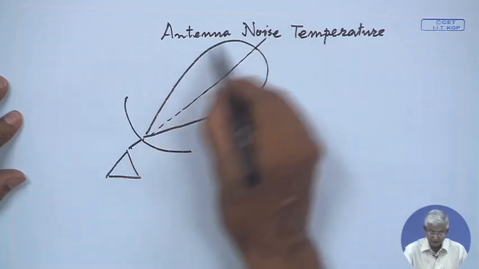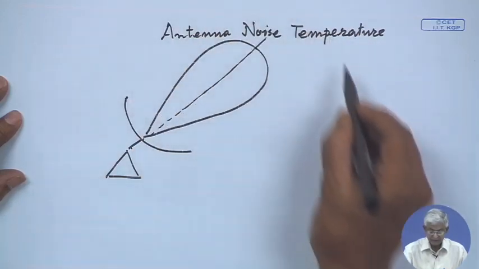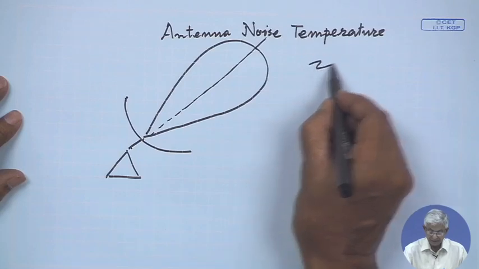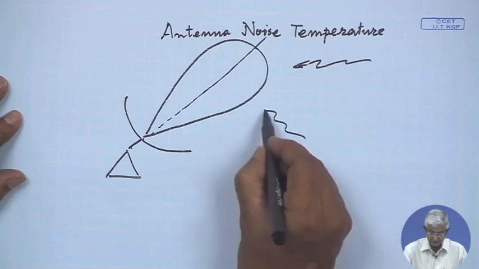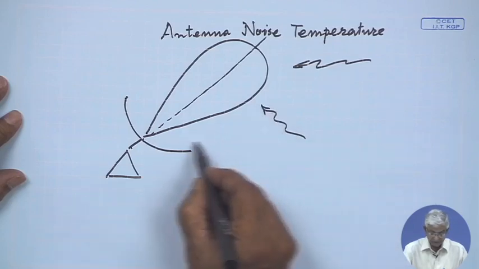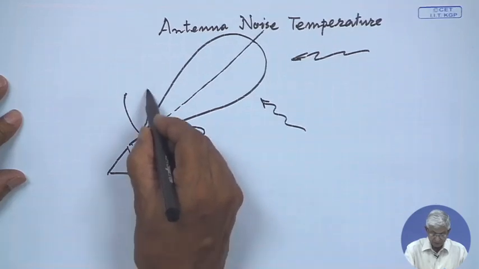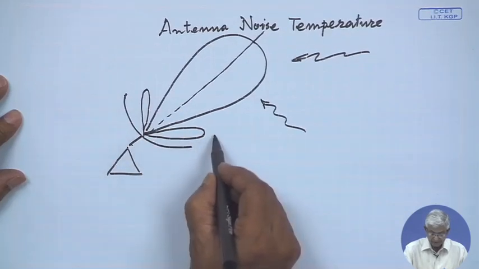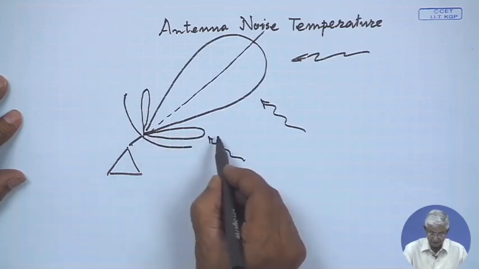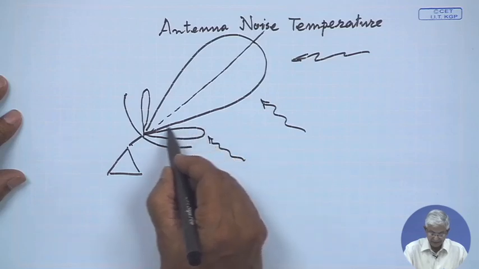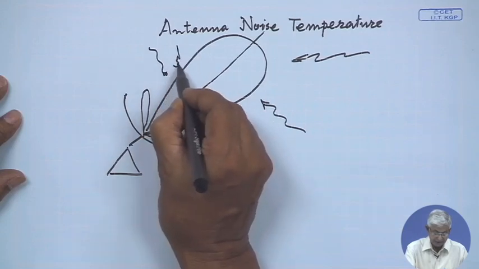So, let us say the ground antenna is looking towards the sky. Other objects are radiating from the sky, noise is coming like this, noise is coming from here, and there are small lobes through which it also receives, and there are nulls in between; that is the antenna characteristic. So, some power is received here, and whichever noise is coming in this direction goes into a null. Like that, noise is coming from various angles.